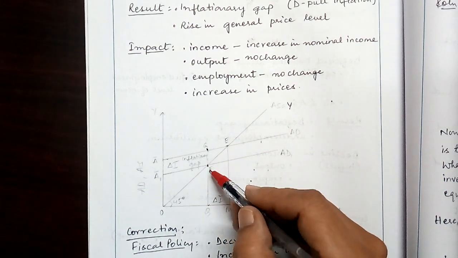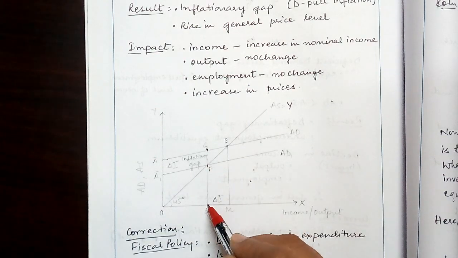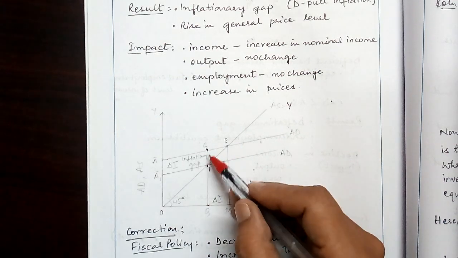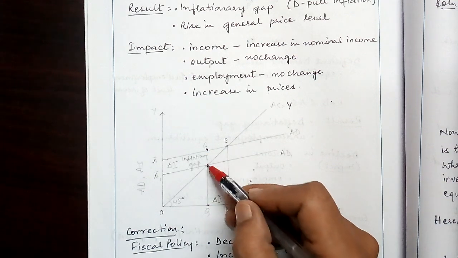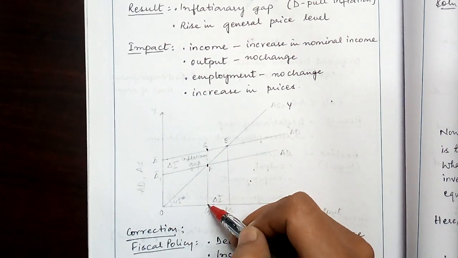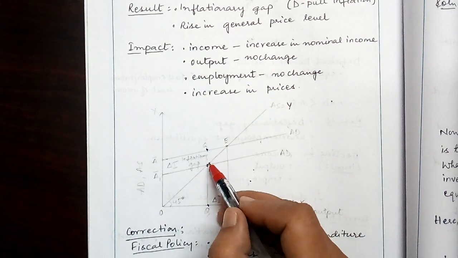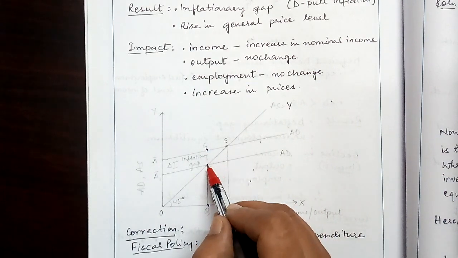And this results in a situation of excess demand of GF. Because at full employment level, FQ is the demand where AD equals AS. Now the demand increases from FQ to GQ. And this GF causes the excess demand.